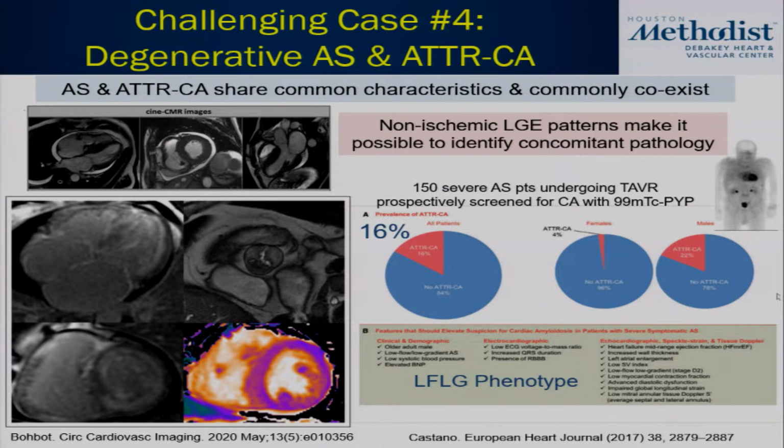We have CMR, we've given them the gadolinium. Just based on their LGE pattern, there's a very excellent correlation with this kind of diffuse global subendocardial to transmural pattern of LGE that we see. It has correlated extremely highly with positive PYP scans. It also turns out these patients who frequently have underlying ATTR have this low flow, low gradient phenotype.